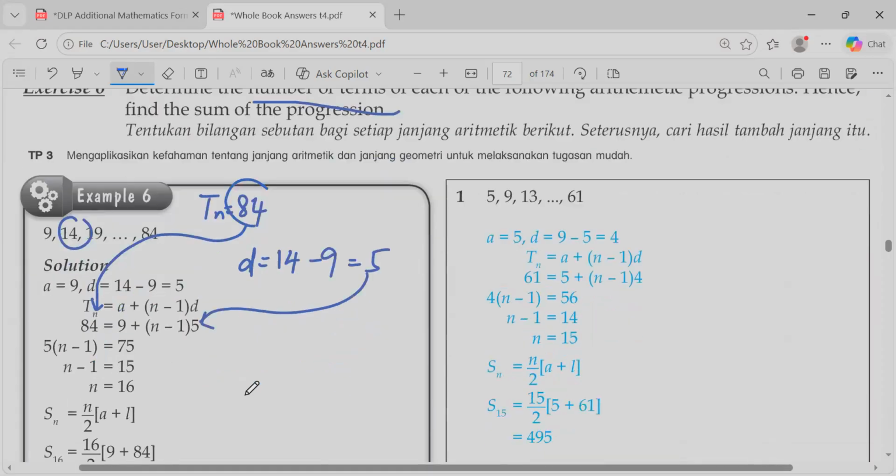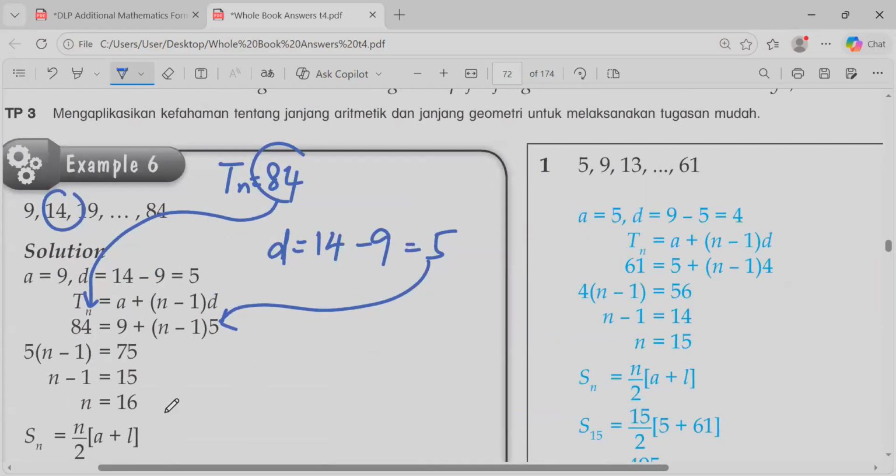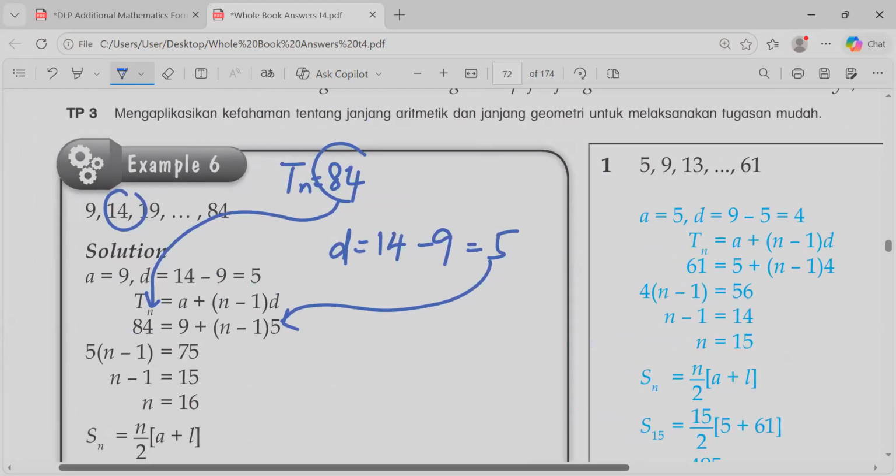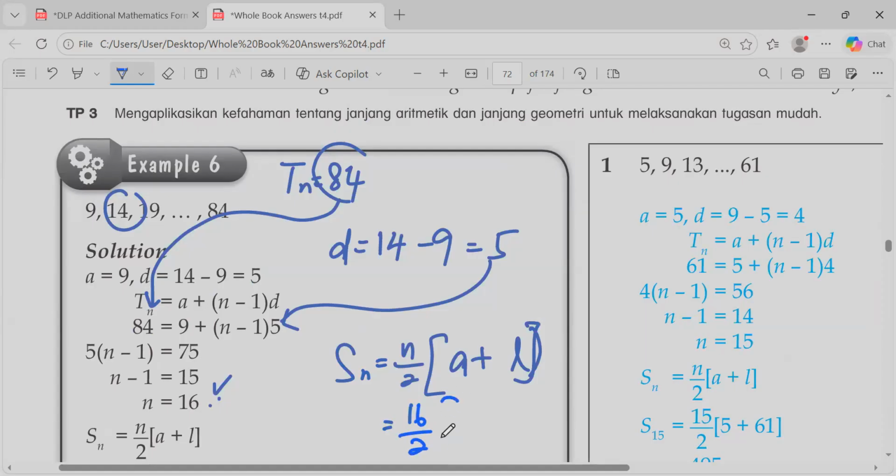Okay, after that, you get n. After you get n, you just substitute into the new formula. Okay, n is 16. a is the first one. This is the last one.